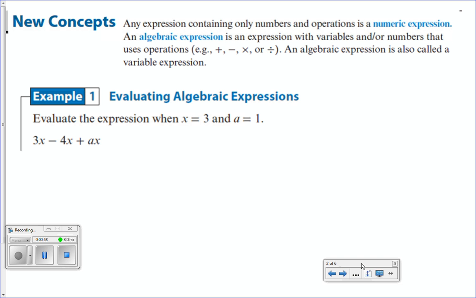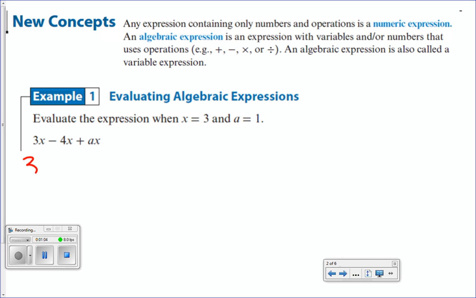So in the first example, we're going to be evaluating the expression when x is 3 and a equals 1 for 3x minus 4x plus ax. So we're going to start by substituting 3 in for x and 1 in for a.